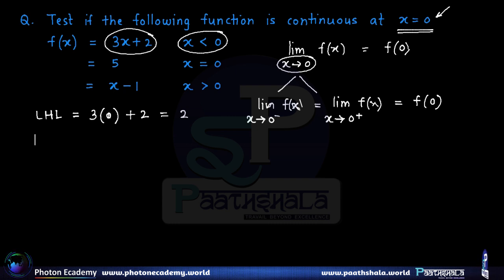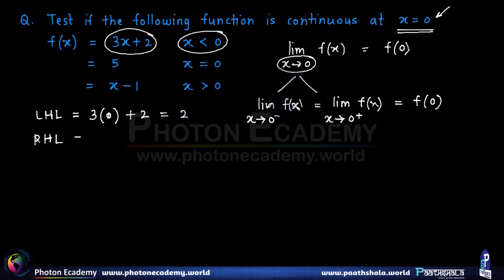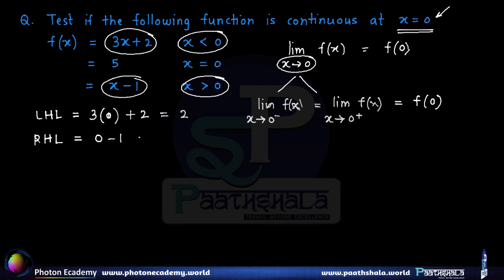Now let's see what happens if we try to calculate the RHL, that is the right hand side limit of the function, when x is greater than 0. In that case we have to use this particular definition, that is x minus 1. So as x tends to 0, the limit of the function is the limit of x minus 1, so that is 0 minus 1, which is minus 1.